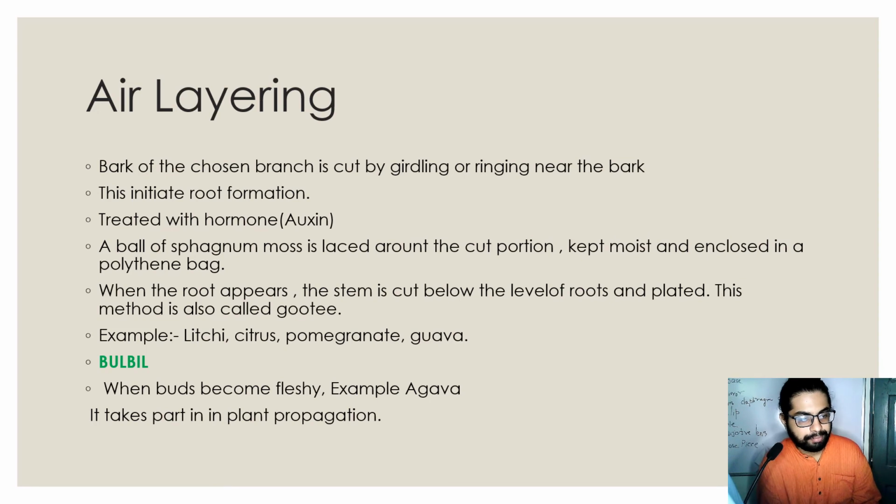A ball of sphagnum moss is placed around the cut portion, kept moist and enclosed in a polythene bag. I have already mentioned these are all artificial methods of propagation. When the root appears, the stem is cut below the level of the roots and planted. This method is also called lychee. We have found this air layering in lychee, citrus, pomegranate and guava.